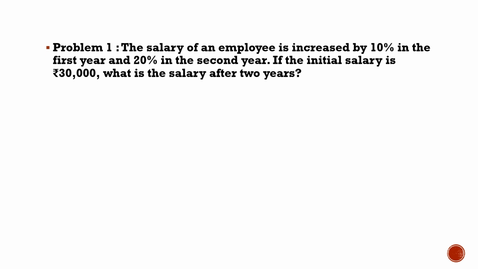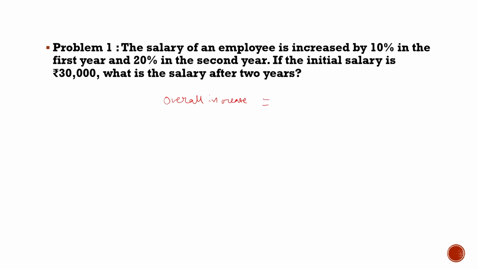So we have to apply the formula of successive increase. If you can recall, in the last lecture, we have learned that when there are two successive increases, then applying a specific formula, we can get the overall increase in the percentage. So the formula was, suppose there are two successive increases.